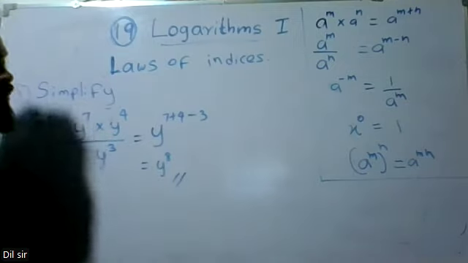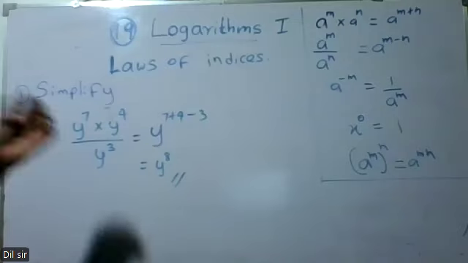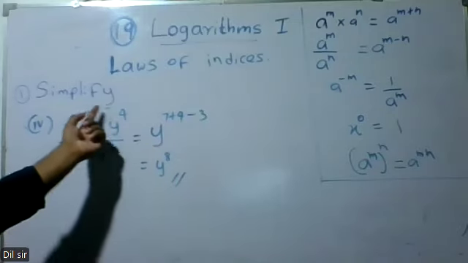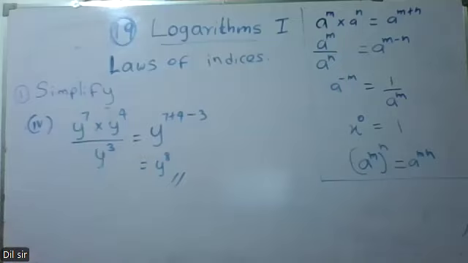Two steps only. Multiplication, we add them, then 11. Division, we have to subtract. Sorry, 11 minus 3 is 8.